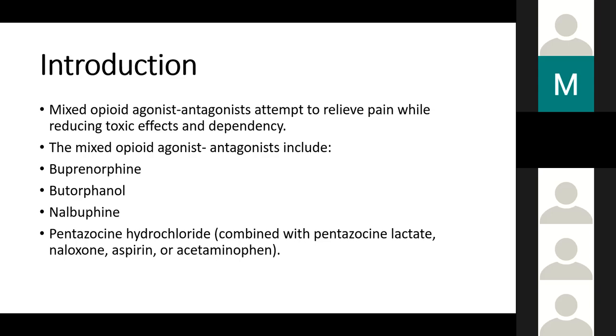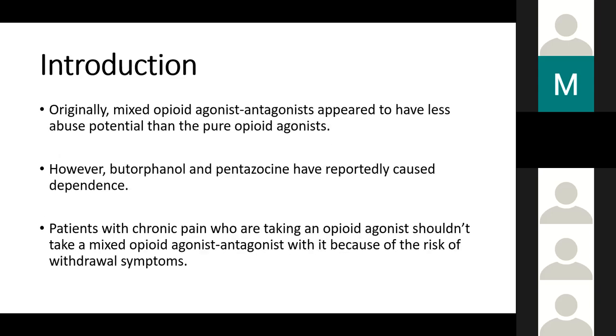The medication pentazocine has pentazocine lactate and is combined with naloxone, aspirin, or acetaminophen for very severe pain. They have less potential for abuse than the opioids. And patients with chronic pain who are taking opioids shouldn't take the mixed opioid agonist antagonist because there can be a risk of withdrawal.